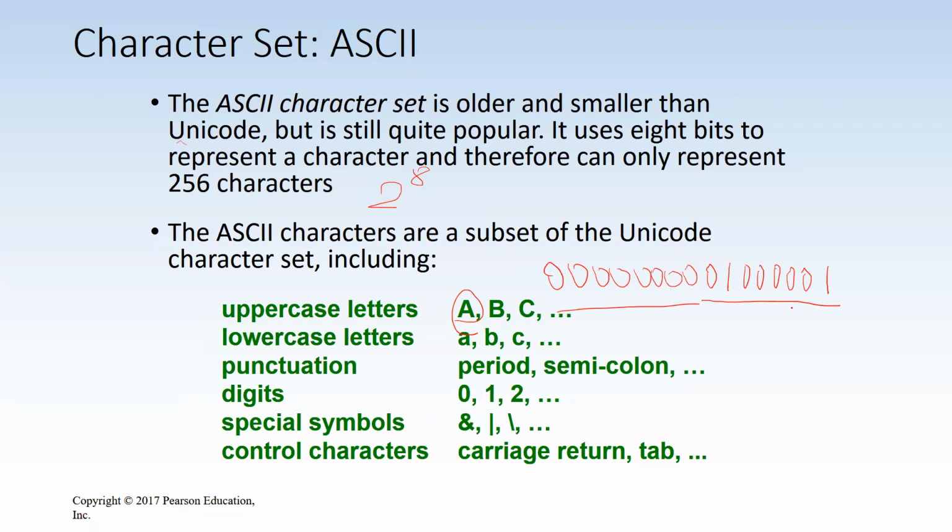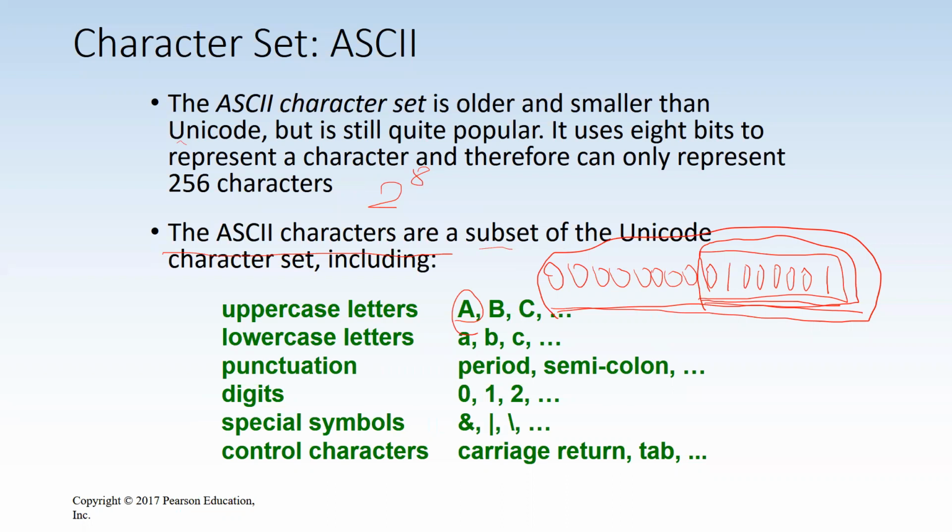So this would be Unicode, and this is ASCII. It's the same coding, except when you have more space and you don't have a value there, you just add the leading zeros. That's why we say the ASCII character set is a subset of the Unicode character set. Any questions, everybody?